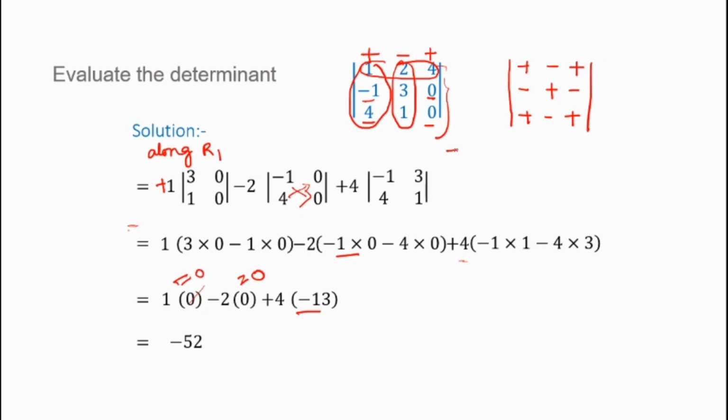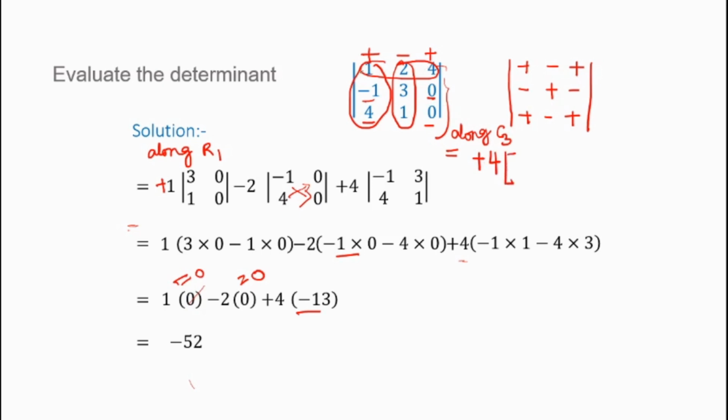So along column 3 I am going to expand, and we are getting the same value, minus 52. The sign scheme here is plus minus plus. Here 4 is the only element and the remaining elements are 0. The associated sign for 4 is plus.